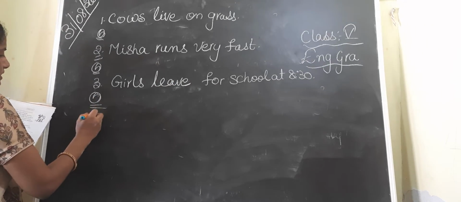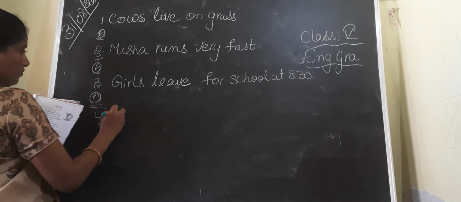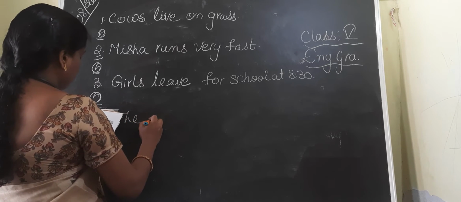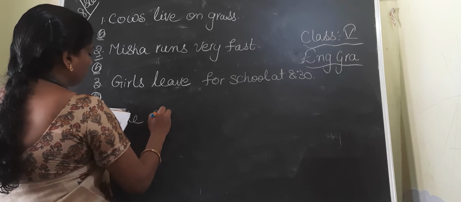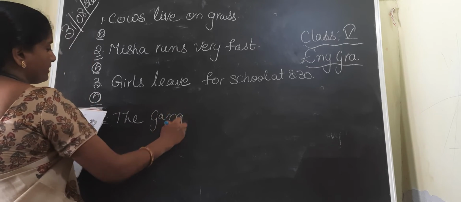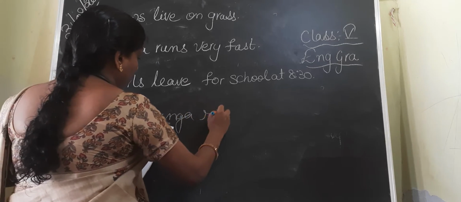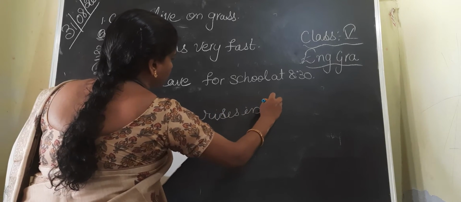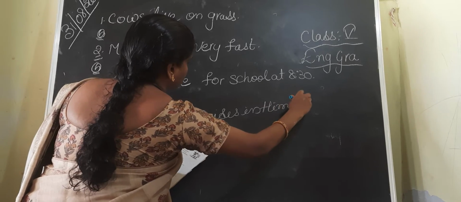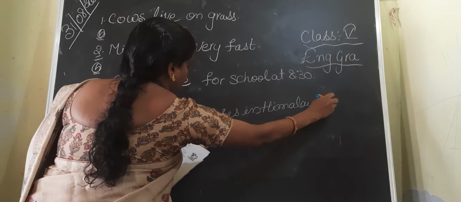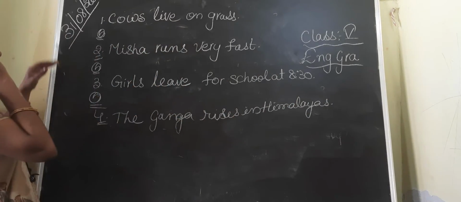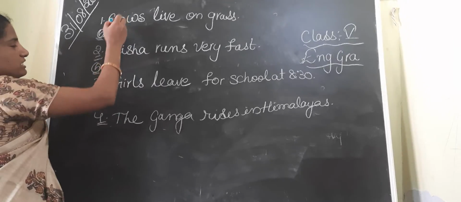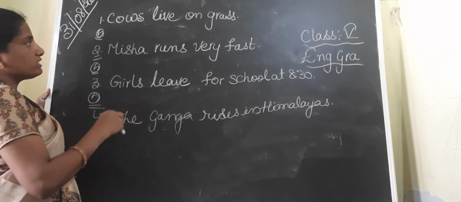See, now if you see our first statement, what is our first statement? The cows live on grass. Now if you see the given sentences, first sentence, what is given to you? Cows live on grass.